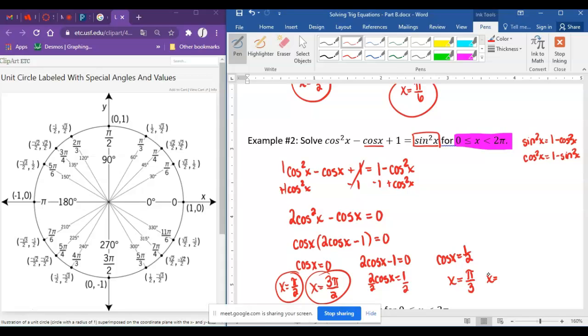And right here at 5 pi over 3, we also have a value of 1/2 here. So we would also include 5 pi over 3. Again, 5 pi over 3 is not a principal value, but we include it for this one since we're looking from 0 to 2 pi. So you have 4 answers for this problem.